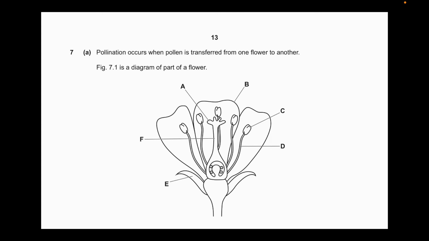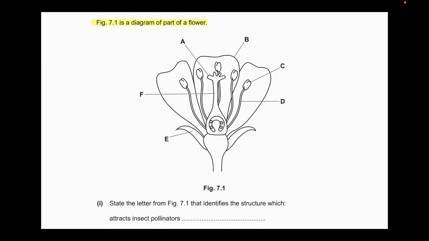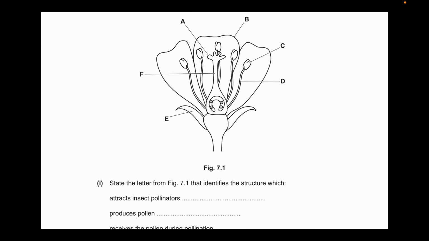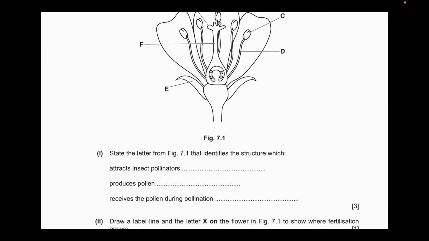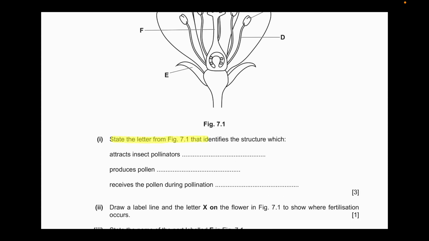Question number 7. Pollination occurs when pollen is transferred from one flower to another. Figure 7.1 is a diagram of a part of a flower. Okay, we can see the structures A, B, C, D, E, F. State the letters from figure 7.1 that identify the structures which attract insect pollinators.